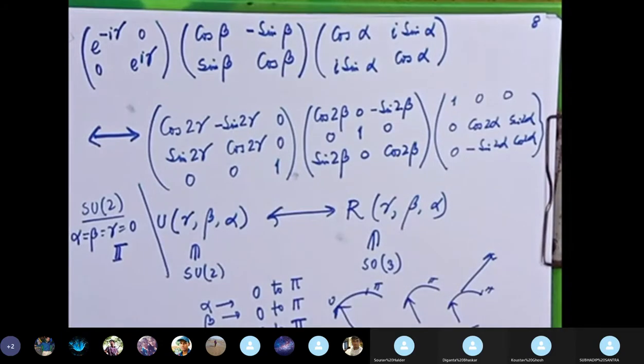There is some problem. We expect a minus identity here. Maybe we should not write it this way.